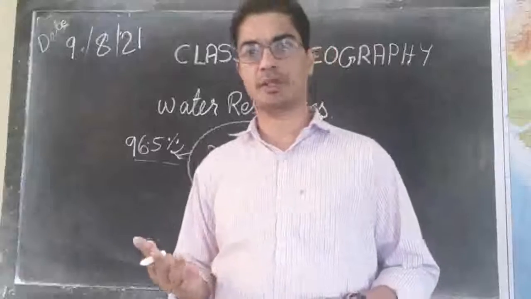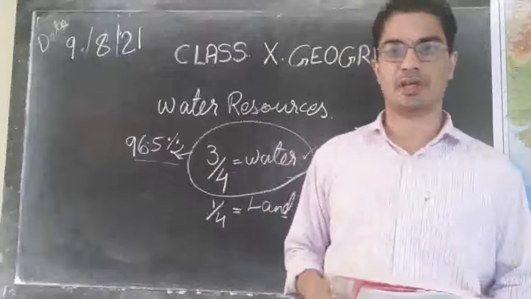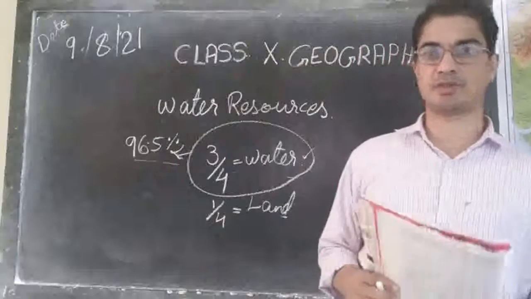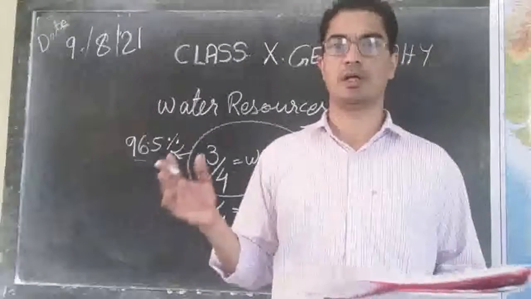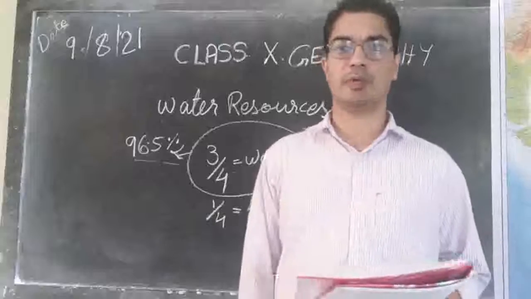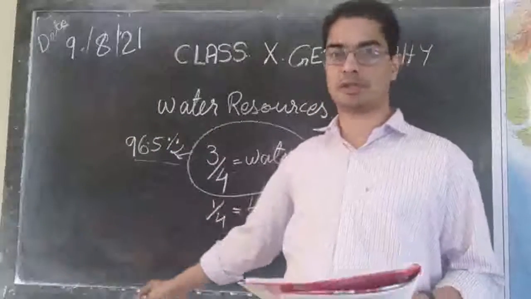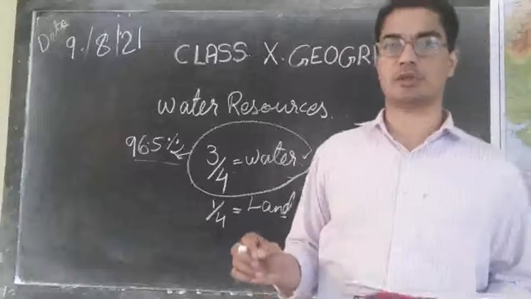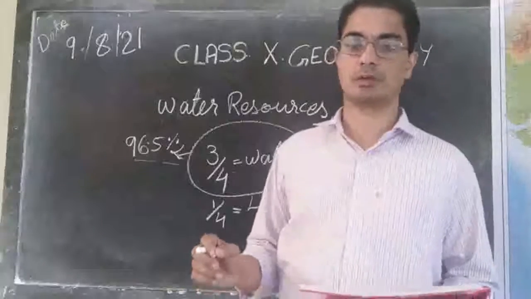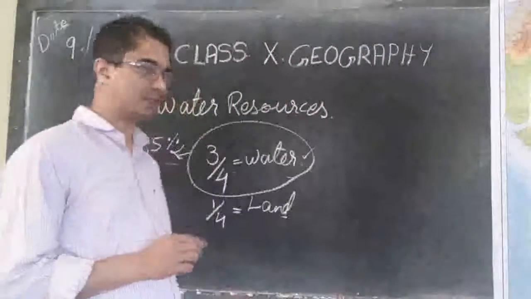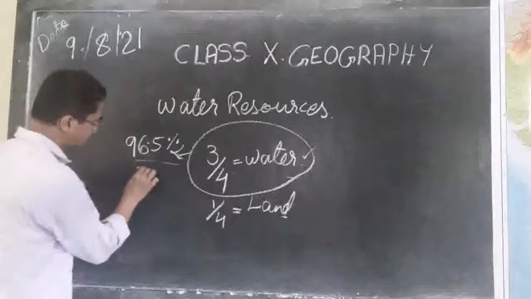And you know, ocean water is salty. We can't use it for house purpose or for domestic purpose. So in one way, it is not useful for human use. Such a large amount of water, 96.5% of the total water, is not good. Then only 2.5% is fresh water.